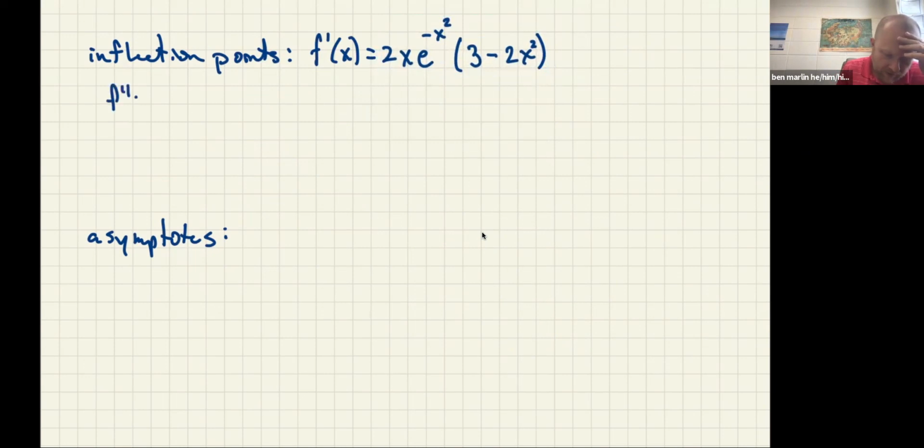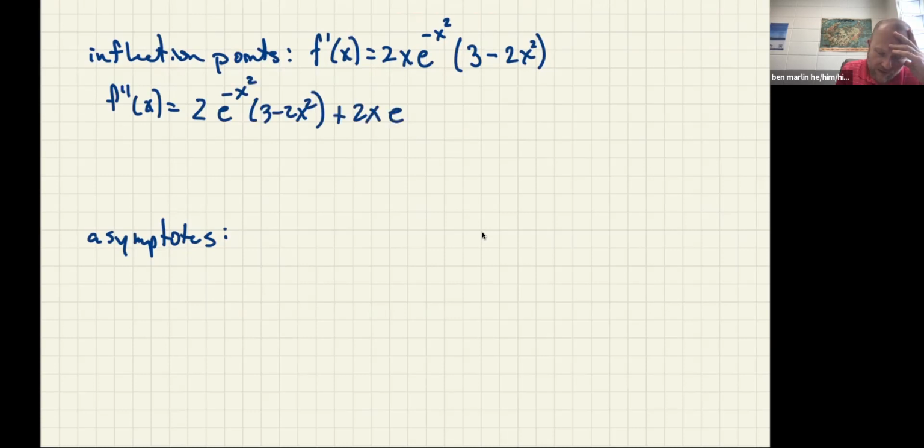And so now I need to figure out f double prime. So I need to take the derivative of that. Yuck. But it is a product, so I can use the product rule. So I'm going to take the derivative of 2x and get just 2, leave the e to the minus x squared alone, leave the 3 minus 2x squared alone, plus. Now I'll leave the 2x alone.